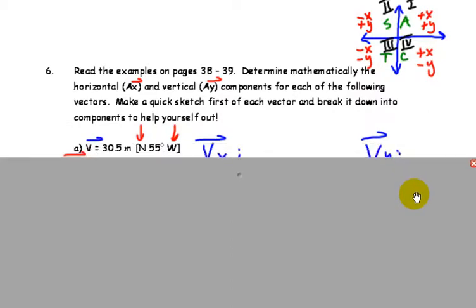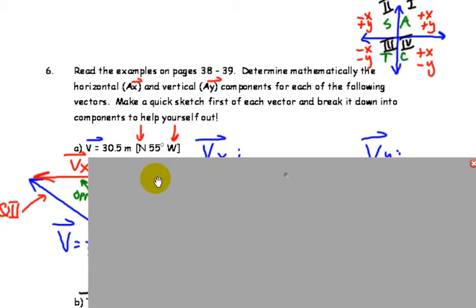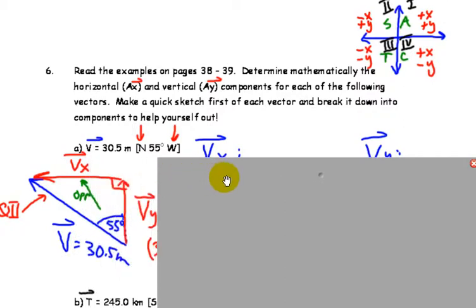Looking at a couple of examples, vector v is 30.5 meters, north 55 west. If we sketch what that vector looks like, it's pointing north 55 west, so from straight north, turning 55 degrees and pointing in this direction. So it's quadrant 2.